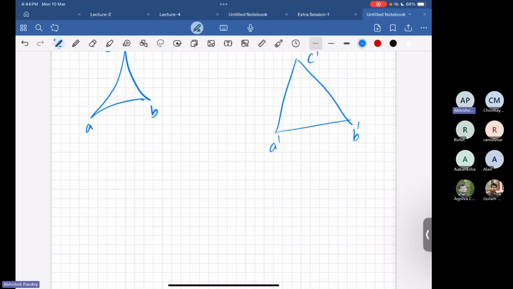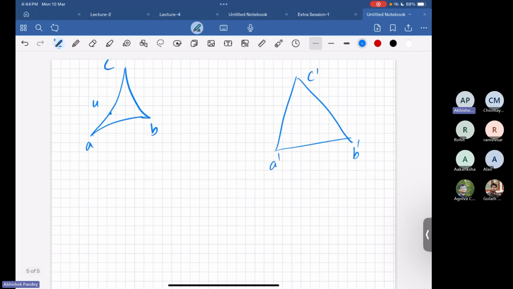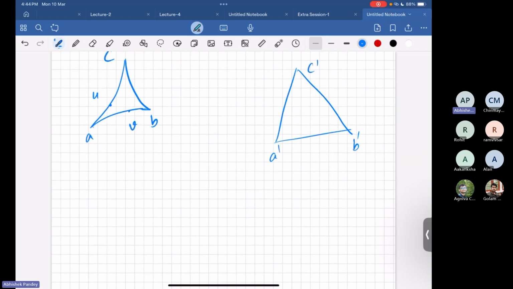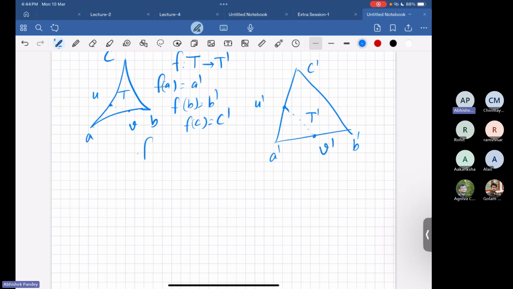We take any point U and any point V, and then we have some point U dash and some point V dash. We have a comparison map from this triangle, which is known as T, and we'll call the comparison triangle T dash, with a map from T to T dash, so that f of A is equal to A dash, f of B is equal to B dash, f of C is equal to C dash, and f restricted to any side is an isometry.